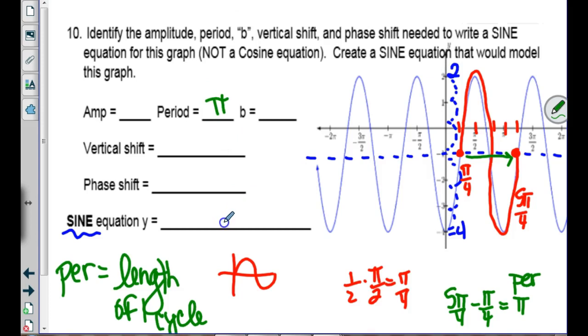What else can you tell me? Okay, since we went from a midline of 1, what does that midline tell us? Yes. The midline tells us the vertical shift is down 1. The amplitude is how far above and below that it's going, which was 3.